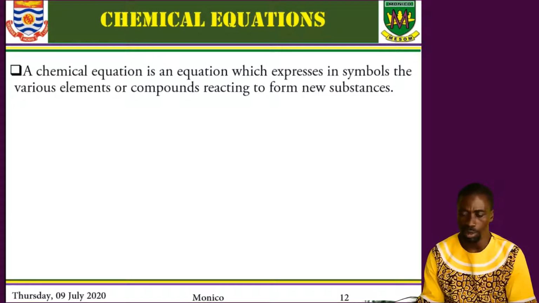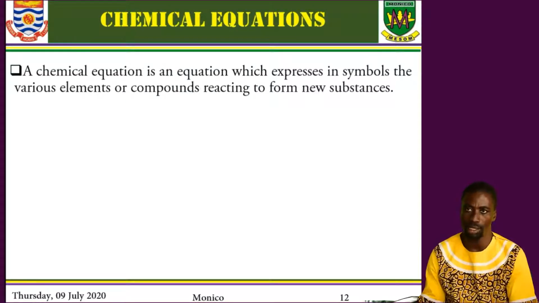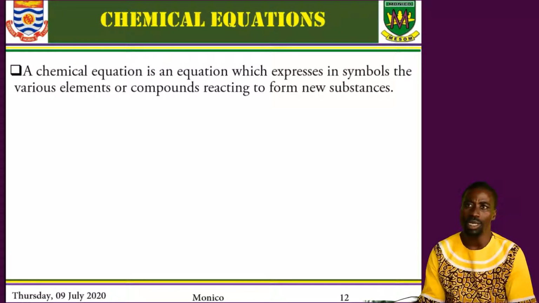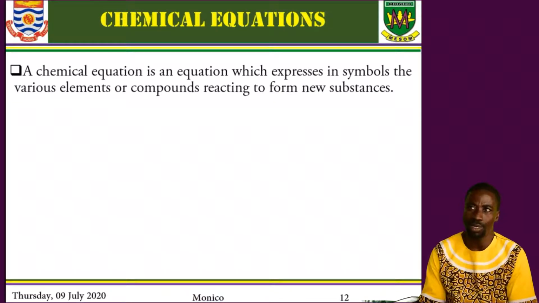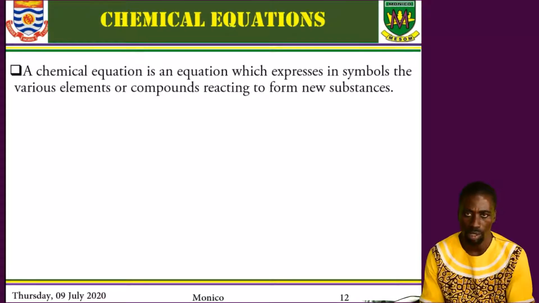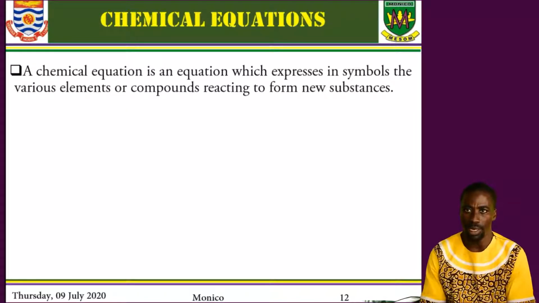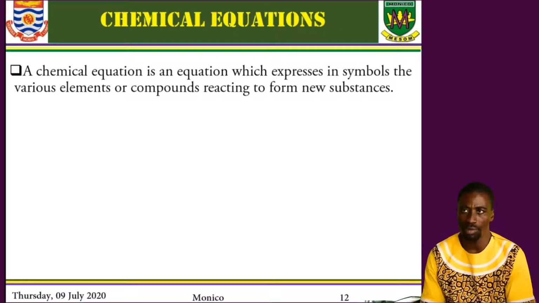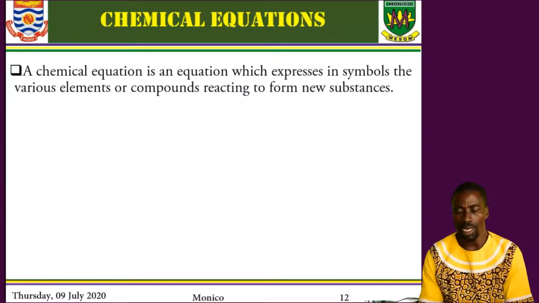Good. So a chemical equation is nothing but an equation which expresses in symbols various elements or compounds reacting to form new ones.